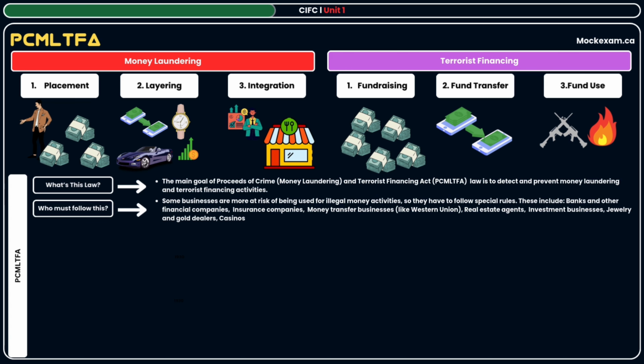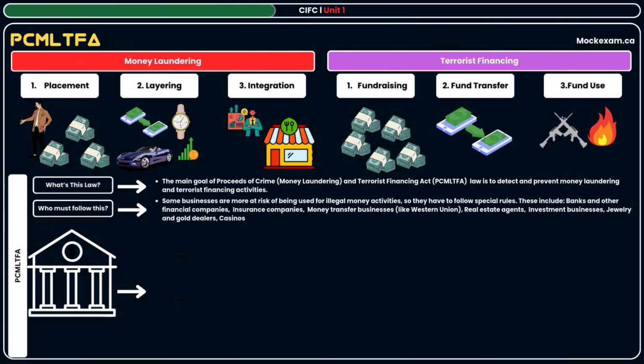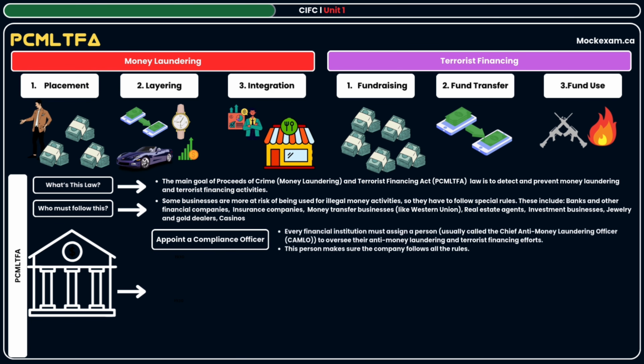Let's get to some points here about this PCMLTFA. The businesses that I mentioned, banks, insurance companies, casinos, real estate agents, investment businesses, need to appoint a compliance officer. What do I mean by that?